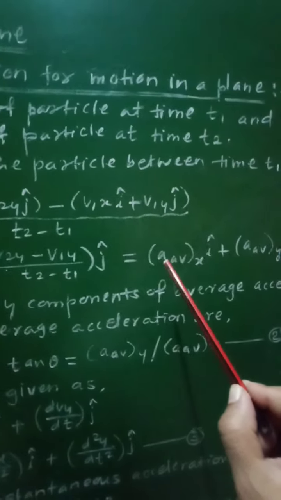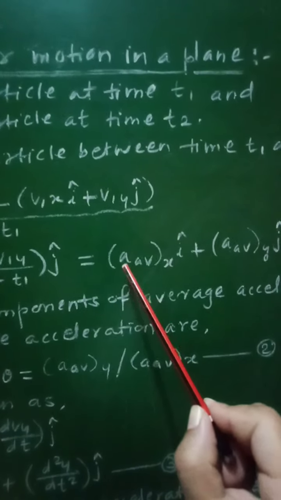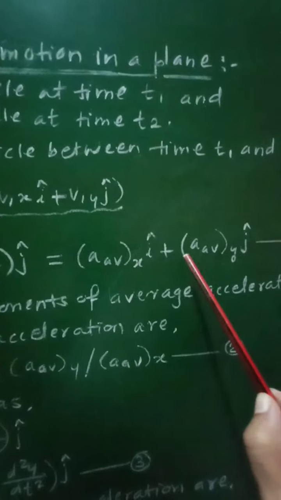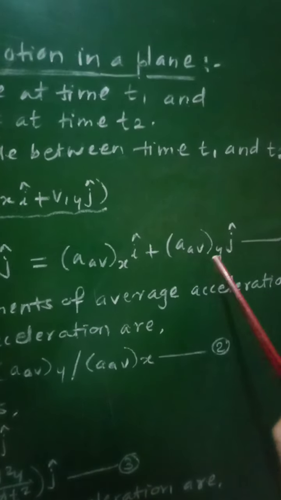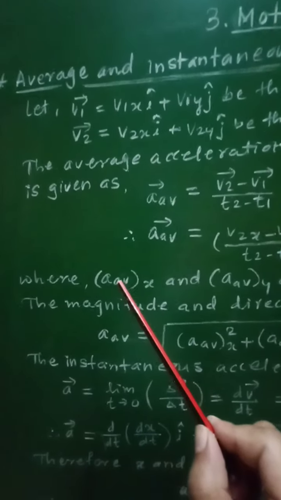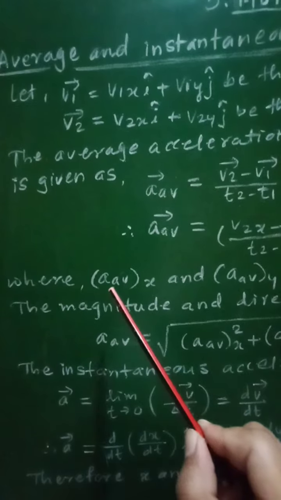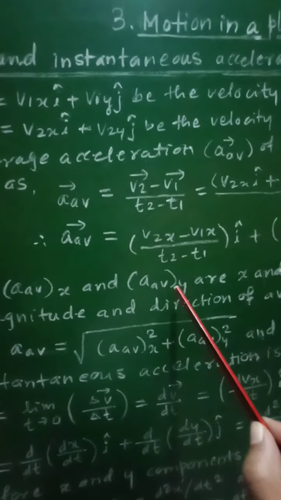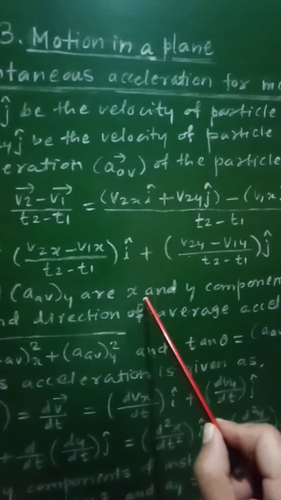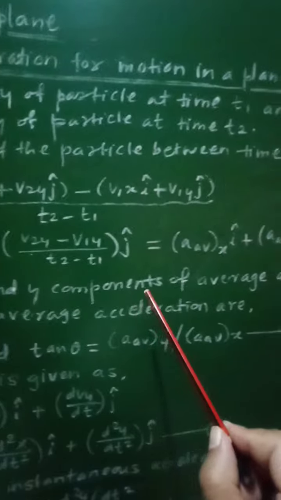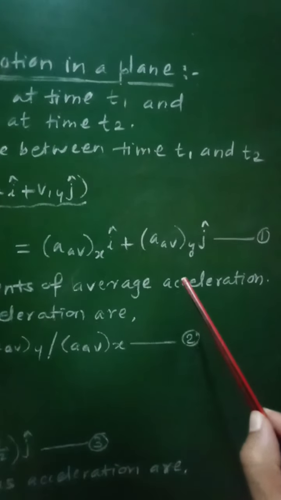That will be written as a_av,x i cap plus a_av,y j cap as equation number 1, where these two terms written in equation 1, that is a_av,x and a_av,y, are the x and y components of the average acceleration.